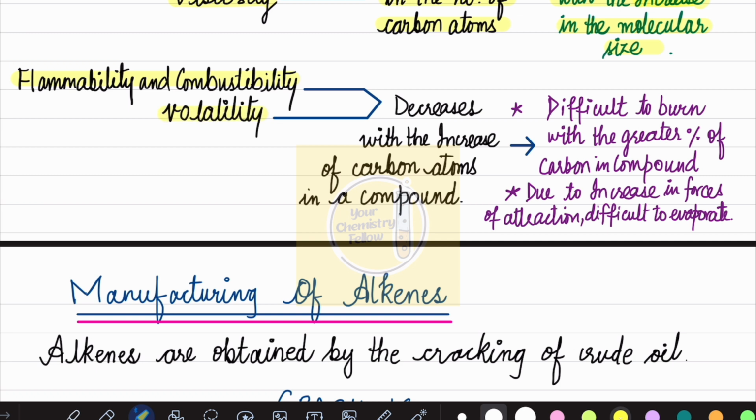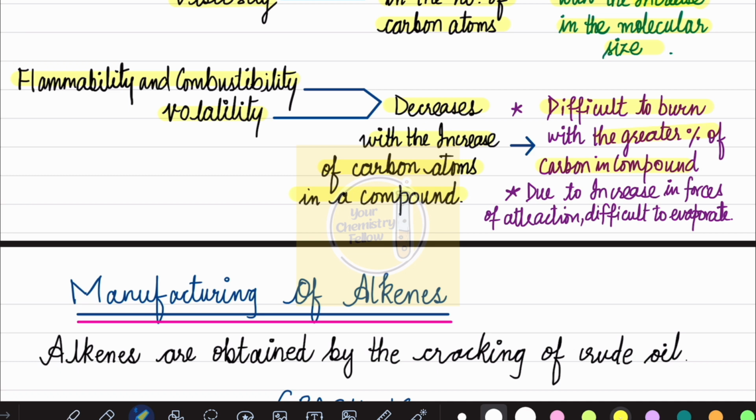So these physical properties decrease with the increase in the number of carbon atoms in a compound. This means that their trend decreases as we go down the homologous series, because as the percentage of carbon increases in the compound, it becomes difficult for the hydrocarbon to burn.